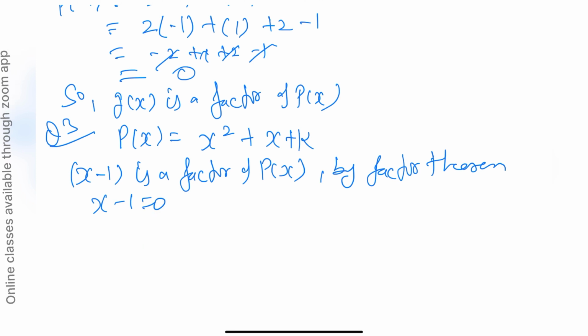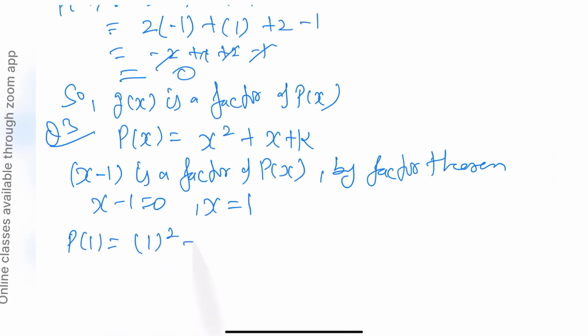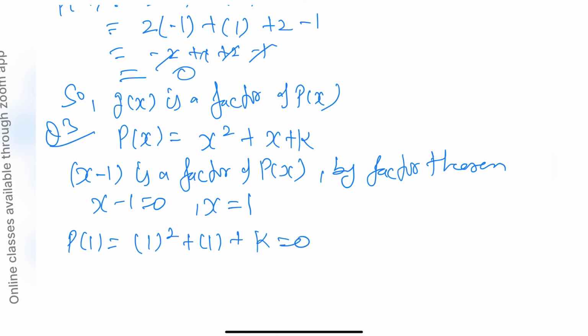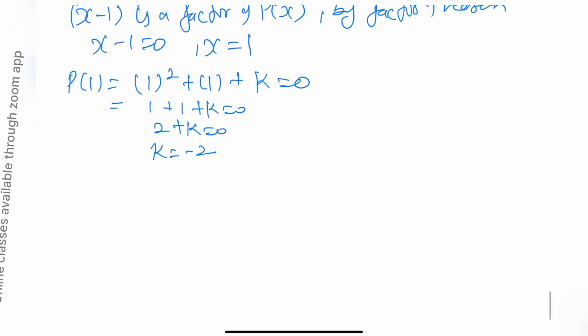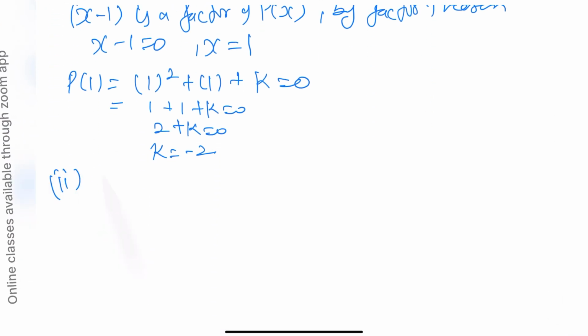If we put that factor equal to 0 and find the value of x, then on that value p of x should be 0. So p of 1 is equal to 1 square plus 1 plus k is equal to 0, because x minus 1 is a factor. 1 plus 1 plus k is equal to 0. 2 plus k is equal to 0. So the value of k is equal to minus 2.